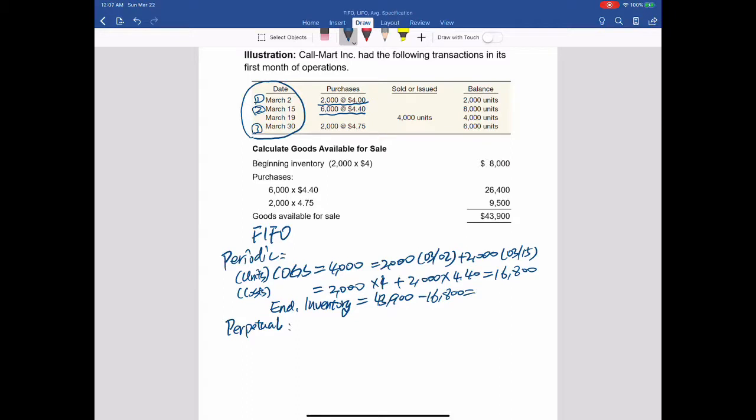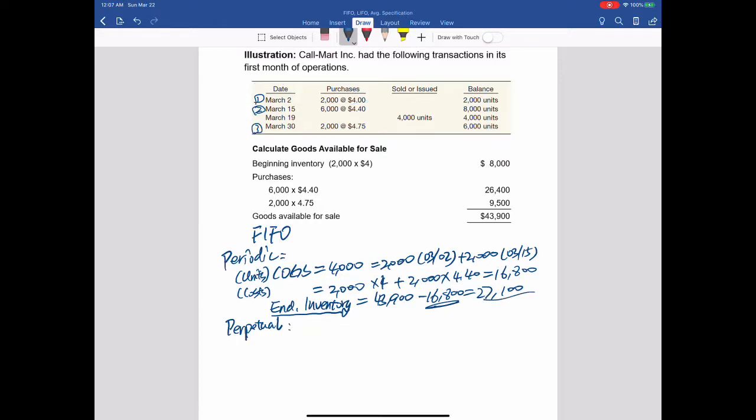So ending balance of inventory is 27,100. Also, if you calculate the ending inventory first without the value of cost of goods sold, you can also check. For example, there will be 4,000 units left, 2,000 left, and multiply the cost per unit. You can get the same result.